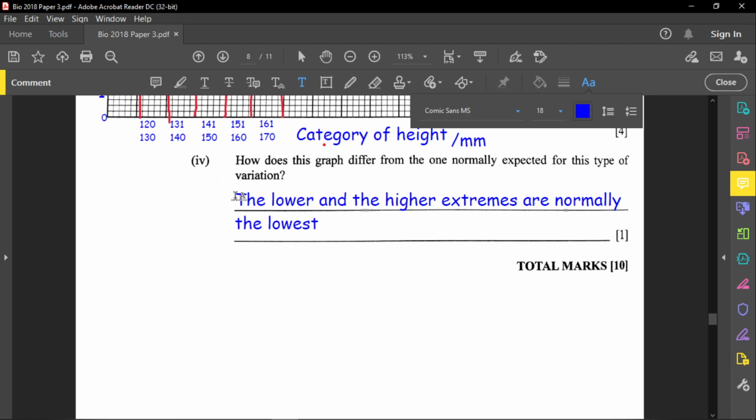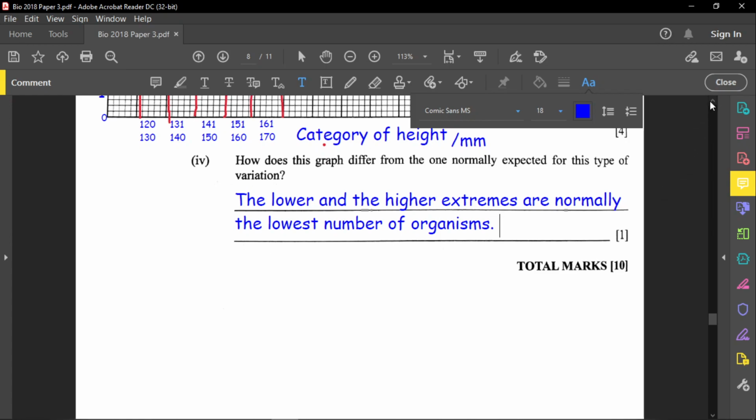Normally the lowest number of organisms. So in this graph, the lower and the higher extremes are higher than normal. I could put here: the low and high extremes in this graph are higher than normal. That's not normally supposed to be the case.